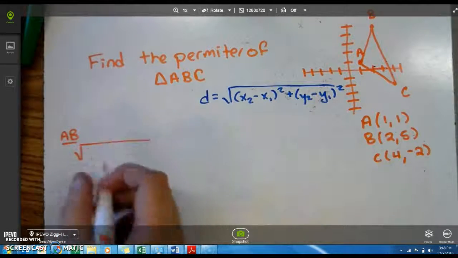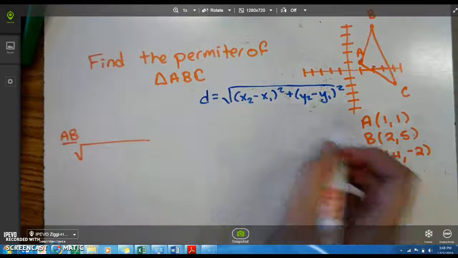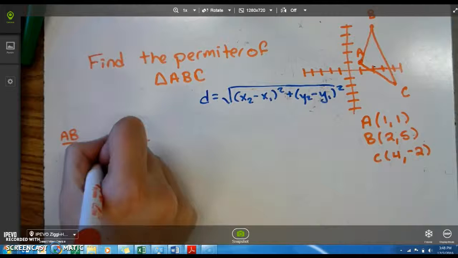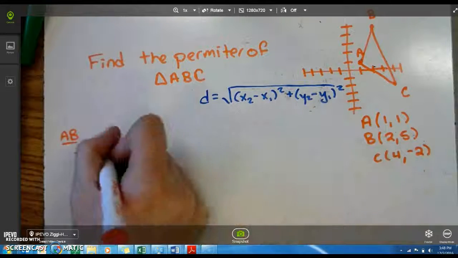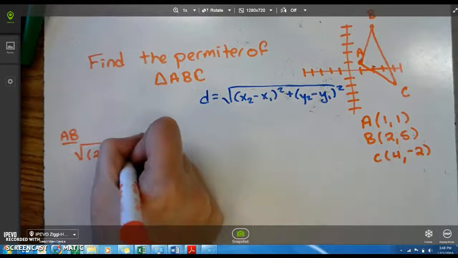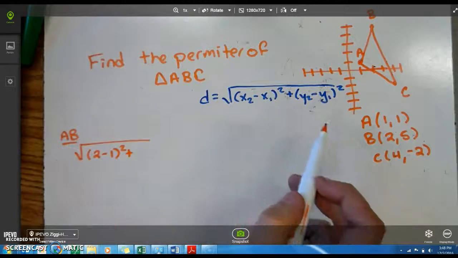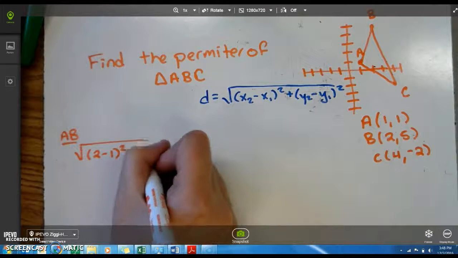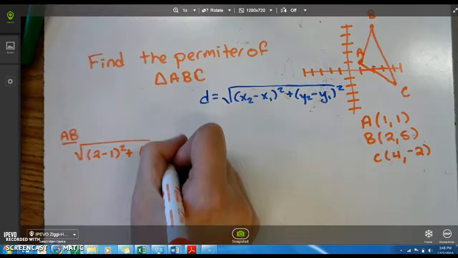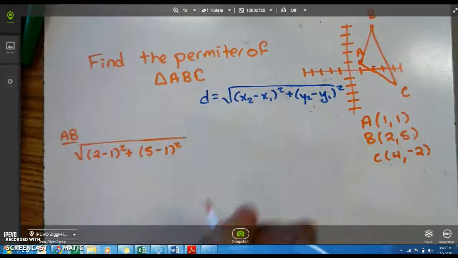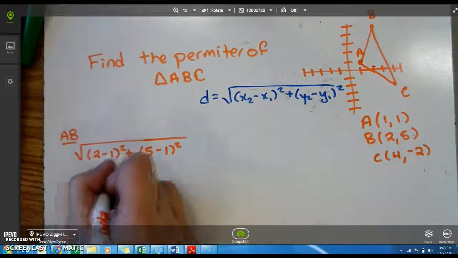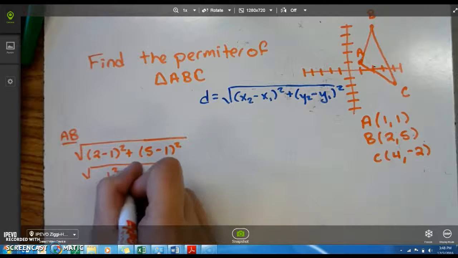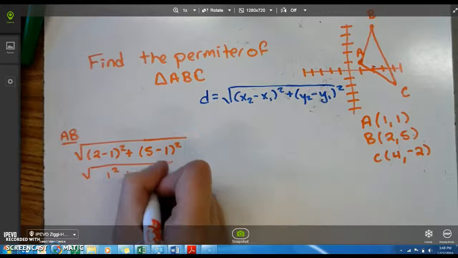So we're going to do B minus A, right? X2 would be 2, minus X1 is 1, plus y2, so y in my second point is 5, minus y from my first point is 1. Go ahead and subtract. 2 minus 1 is 1 squared. 5 minus 1 is 4 squared.